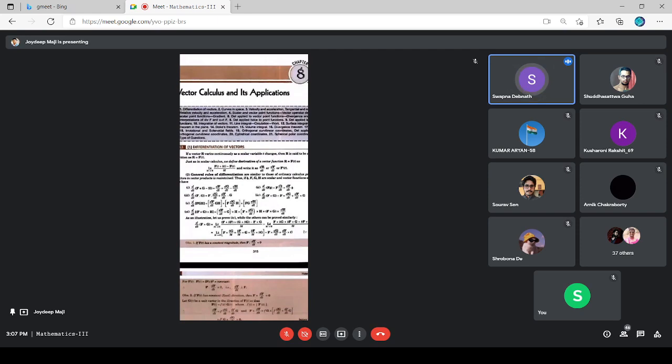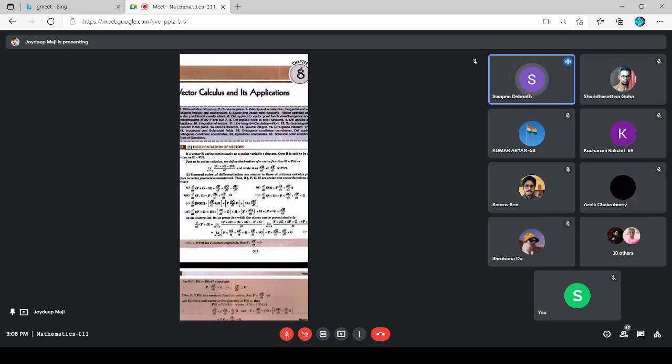Similarly, for the vector product, d/dt of F cross G is F cross dG/dt plus dF/dt cross G. And then the scalar triple product, etc. That is in vector algebra.